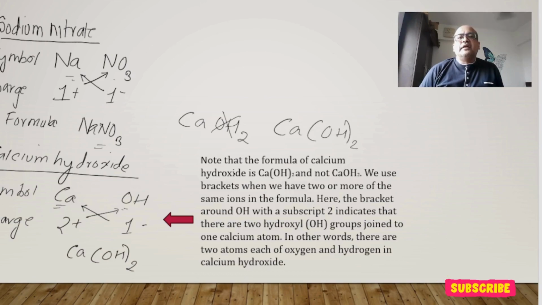A bracket has to be done. We use brackets when we have two or more of the same ions in the formula. Here the bracket around OH with a subscript 2 indicates that two hydroxyl groups join to one calcium atom. In other words, there are two atoms of oxygen and hydrogen each in calcium hydroxide. So this we need to remember.